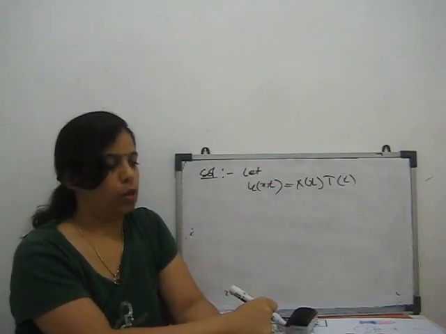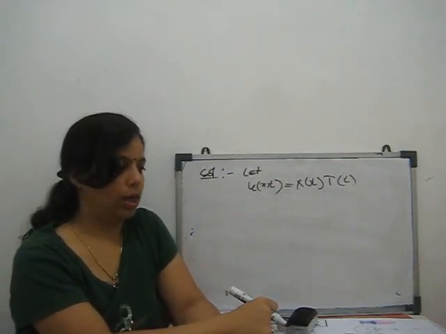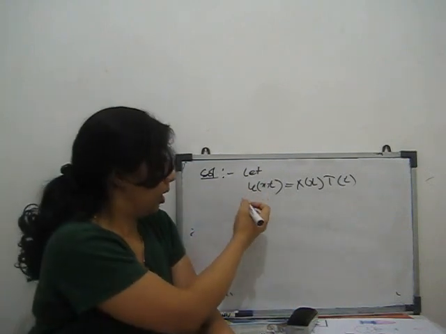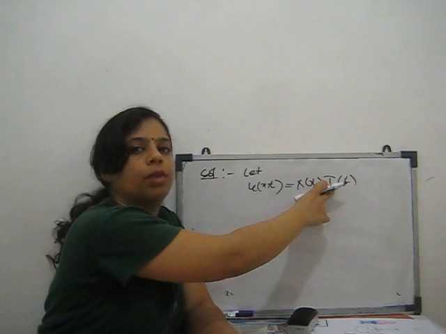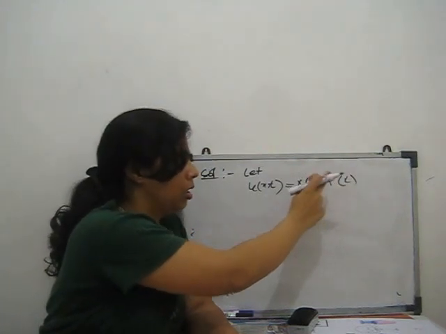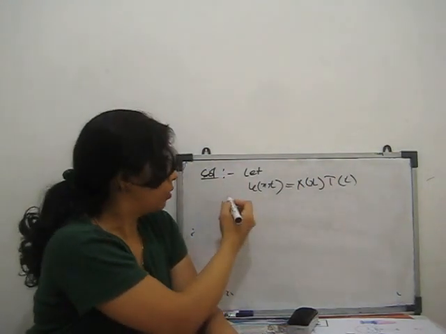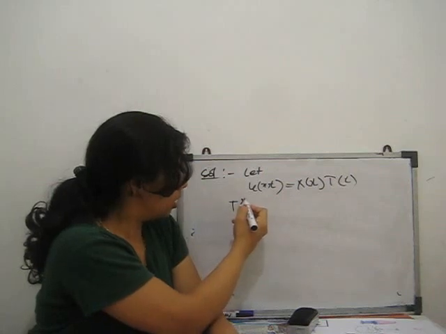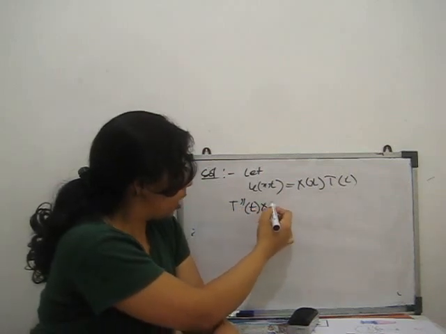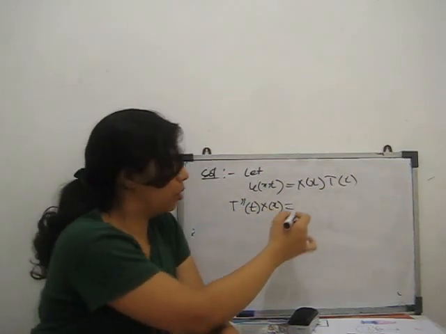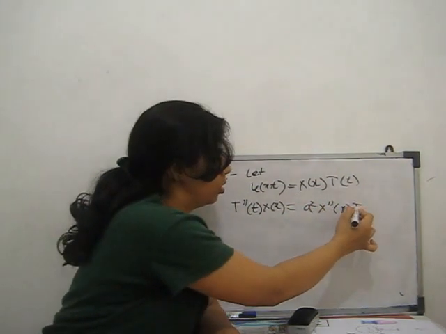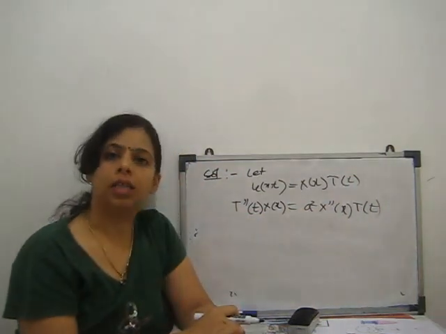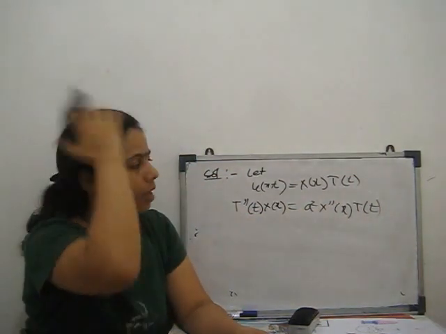Now substitute the value of del 2u by del t square and del x square. So del 2u by del t square, differentiating partially with respect to t, treating x as constant, we can write T double dash t into X of x equal to a square X double dash x into T. Partially differentiate with respect to x.